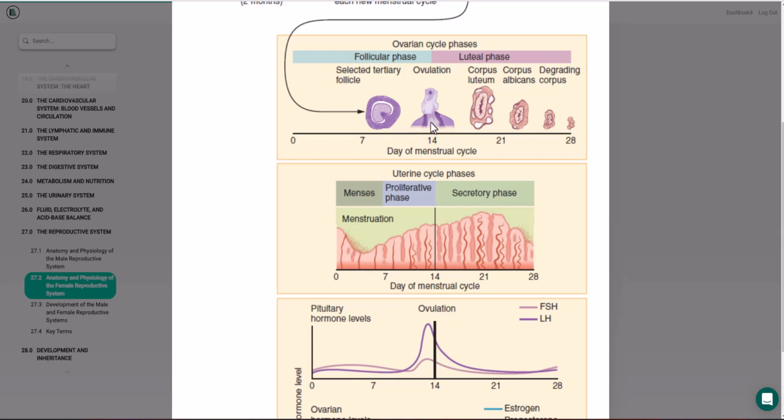So if this is day 14, ovulation, and the egg is fertilized, it's not going to reach the uterus till about day 20 or 21. And notice that by day 20 or 21, the uterus is as thick and ripe and ready as it will ever be. So right about here, day 20 or 21, is where the embryo would implant into the uterine wall.